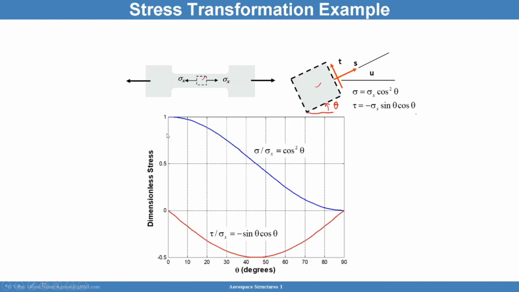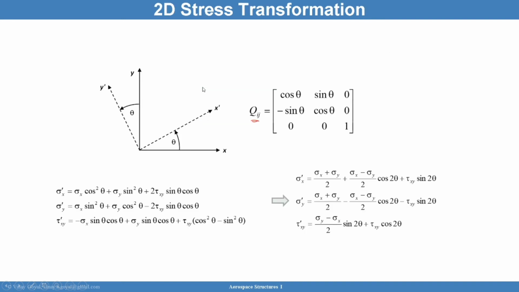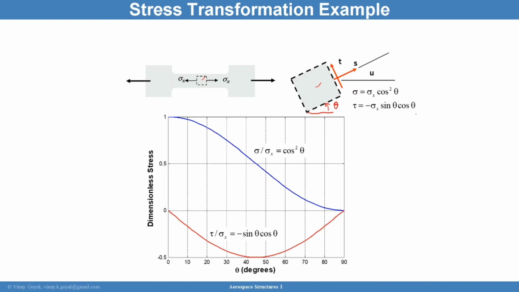In this example, sigma y is 0 and I don't have any sigma xy. So this is 0 and that's 0. This is 0 and that's 0. This is 0 and that's 0. So you're left with just these terms, and I'm only plotting this term and that term. You can see that's exactly what we found here, and I can plot that.